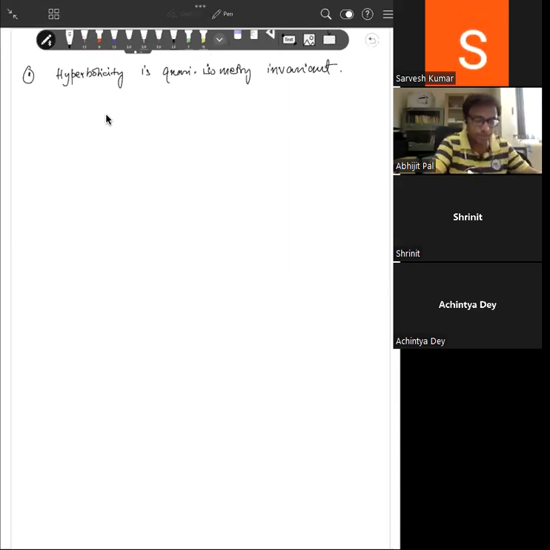By this I mean, if I take a delta hyperbolic metric space X1, and suppose there exists a quasi-isometry from X1 to X2, where X2 is another metric space, and we take both X1 and X2 to be geodesic spaces, and phi is a quasi-isometry from X1 to X2.